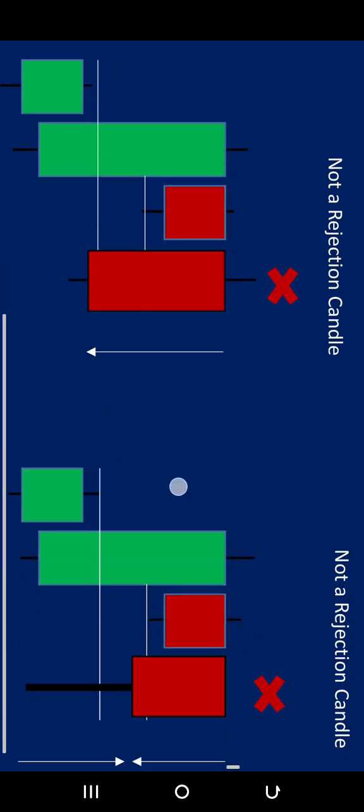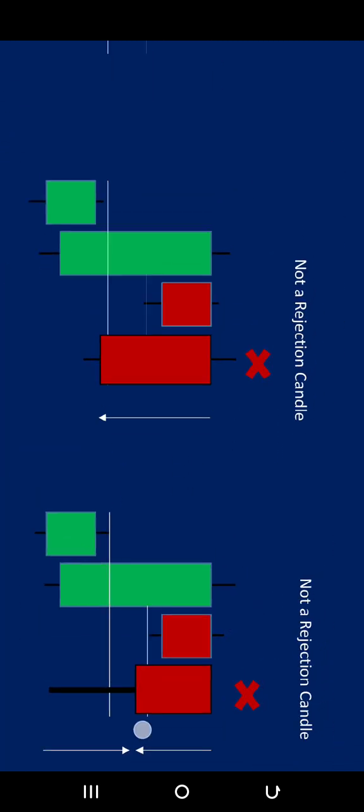Now let's take a look at this one too. When price came into the fair value gap, it got rejected, creating this wick. But looking at it, the bearish part of this candle is almost the same as the wick.